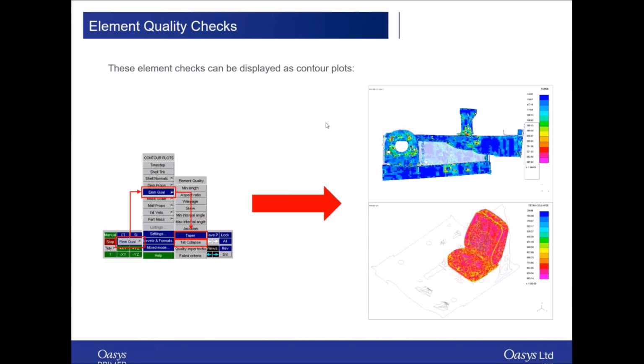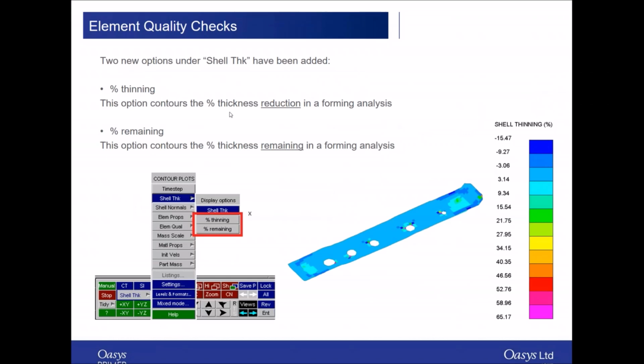As well as checking your model to see what passes your criteria or not, you can contour these as well through the normal contouring buttons. There's a couple more contouring options being added in there as well. This relates to any output from a forming analysis. So percentage thinning or percentage remaining, you can now contour that as well.